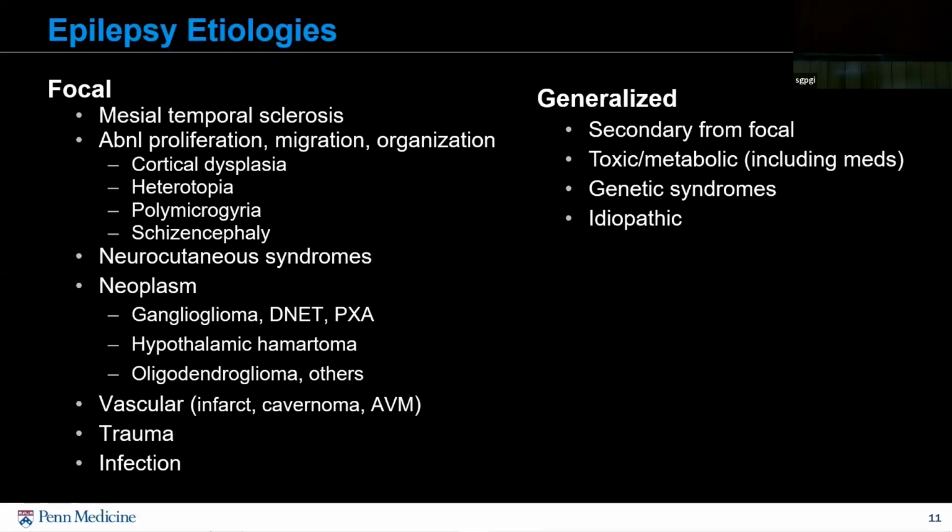All of the oligodendrogliomas are certainly associated with seizures. It's also important to recognize, for example, that seizures are quite common with glioblastoma, and epilepsy can also be a paraneoplastic phenomenon. Finally, vascular and traumatic causes are quite common, and infection and sequelae of infection represent an important cause, especially worldwide, but I will say is less common in our practice at Penn.